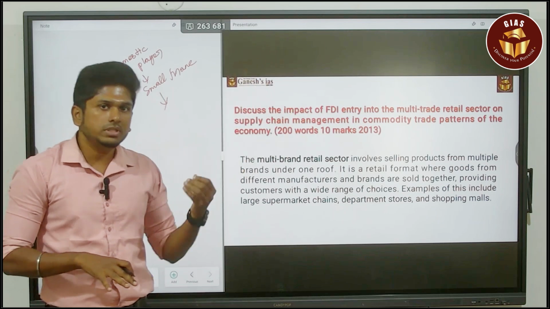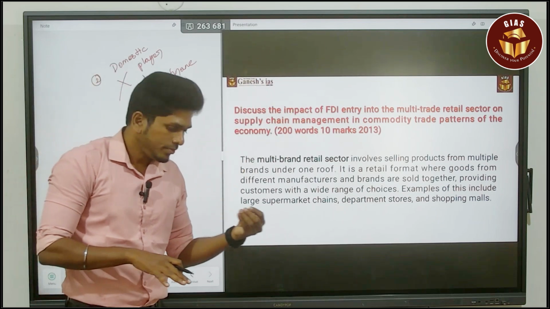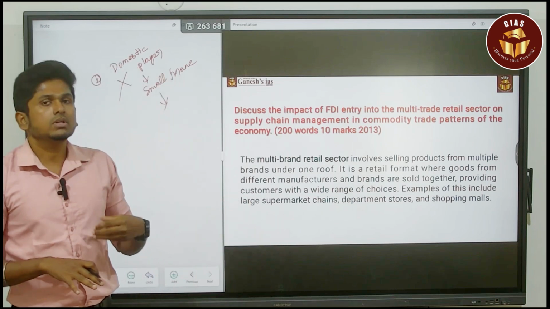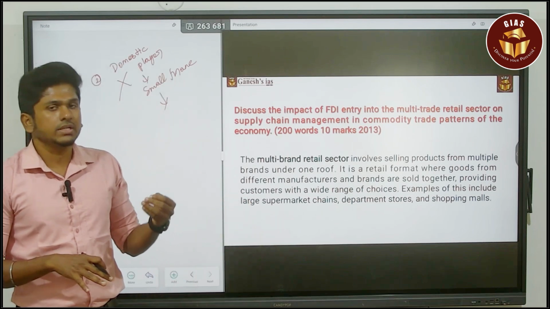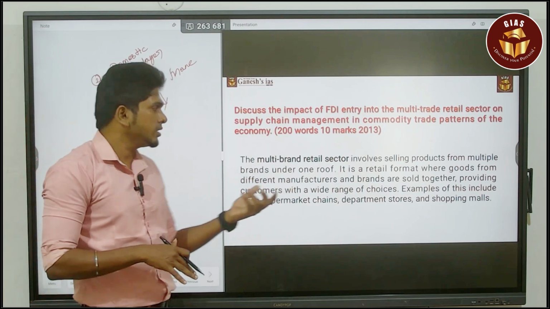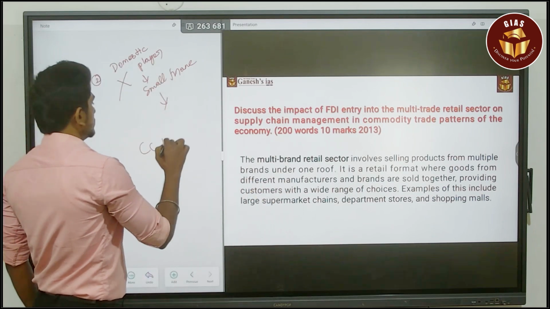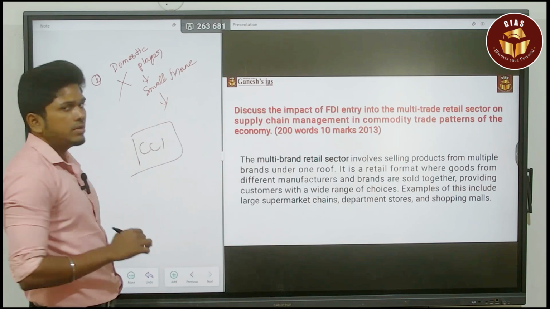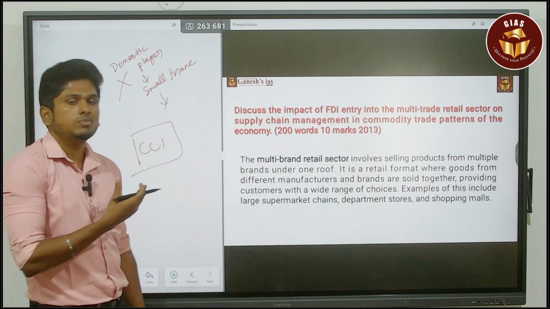So both the positives and the negatives are there. The government needs to focus on the issues of the negatives. For example, when it comes to predatory pricing, the Competition Commission of India has to be the major watchdog to overcome these issues.